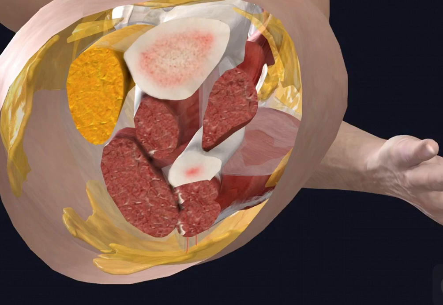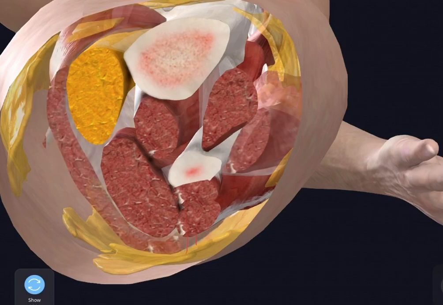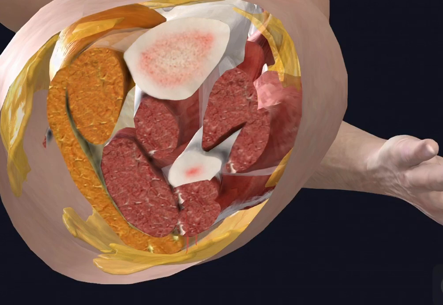Now coming to the superficial compartment of the leg, just behind the transverse intermuscular septum, the green thing which I showed you, you have this muscle now, and this is nothing but the soleus muscle.